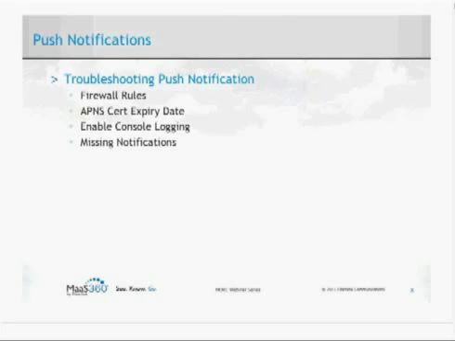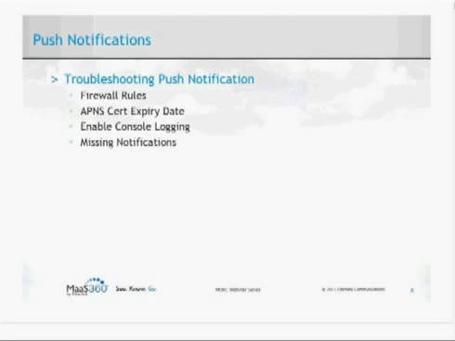It's port 2195 and 2196, and you need to be able to access Apple's IP address block. On the device side, you again have to be careful that if it is connected to Wi-Fi, the port 5223 is open. So two things to look out for.